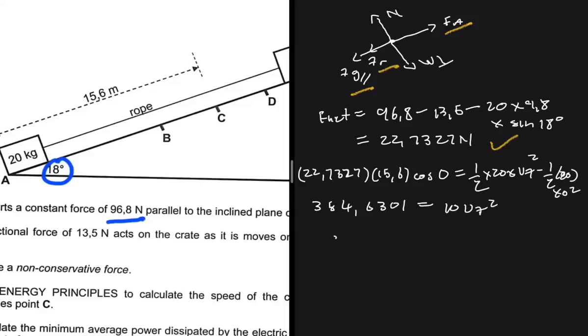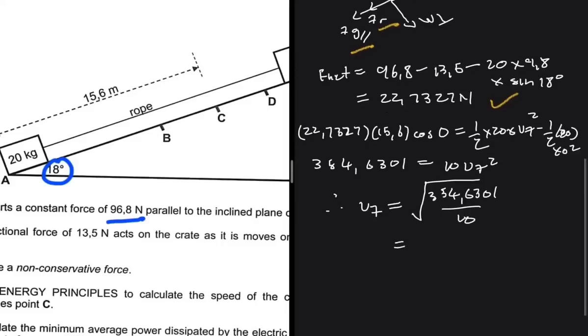If we apply a bit of algebra and make VF the subject of the formula, we get the square root of 354.6301 divided by 10. Now I just need to put that in my calculator, and our VF is 5.96 meters per second.